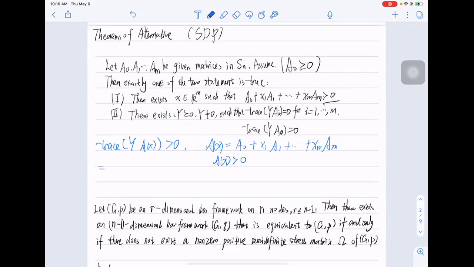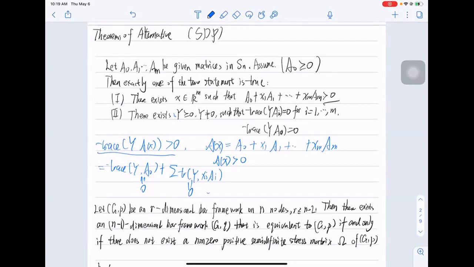But this is impossible, because this trace equals the trace of y A_0, which is 0, plus the sum of x_i times trace of y A_i, and these are all 0. So there's a contradiction: the left-hand side is positive, the right is 0. So it can't be that both are true.